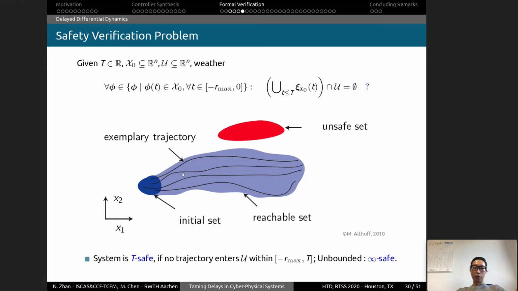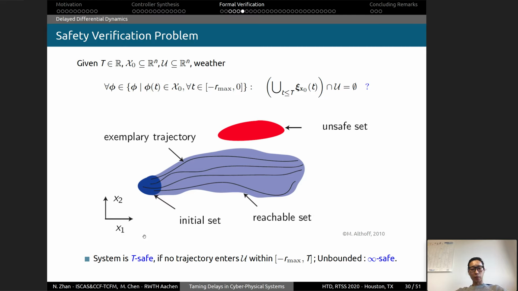The union of all those trajectories is the reachable set, which is often intractable to compute, especially for nonlinear hybrid systems or dynamical systems, just like ordinary differential equations. That's why there is a lot of work trying to approximate such a reachable set.